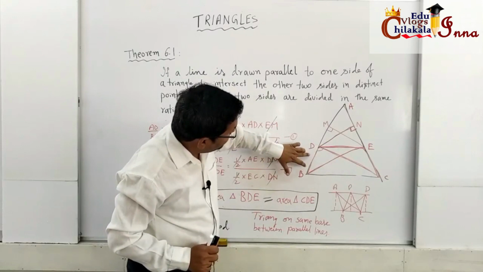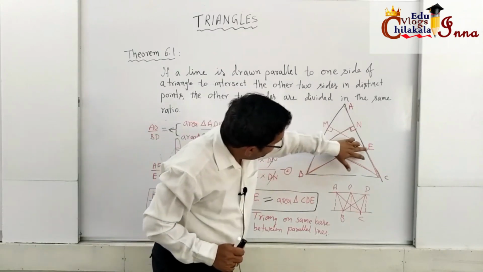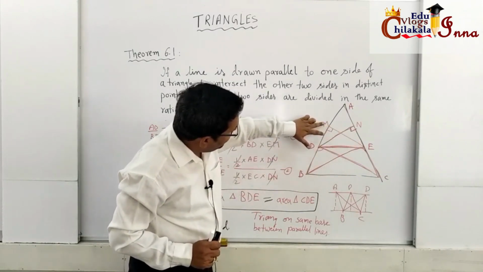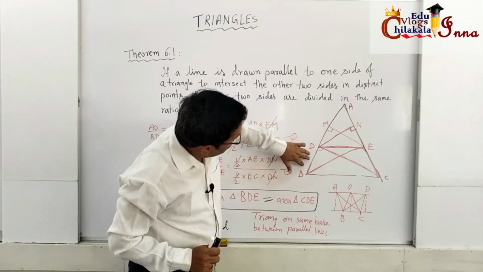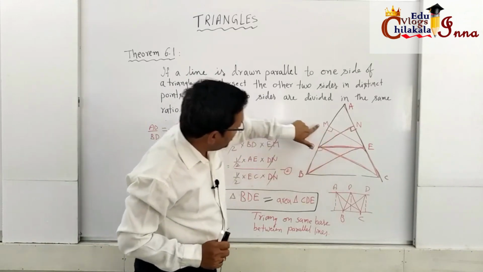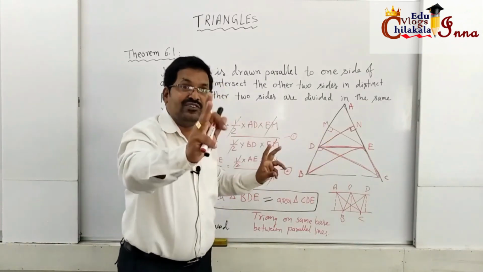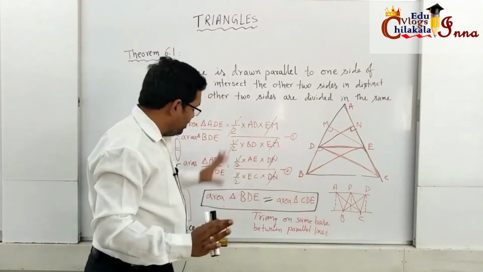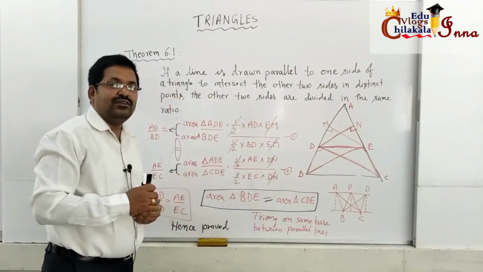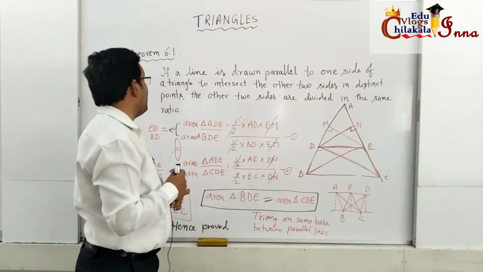Then how do we find its area? We draw a perpendicular, so the area is half into DB into EM. These two points you should remember. If you remember them, you can prove this theorem 6.1.